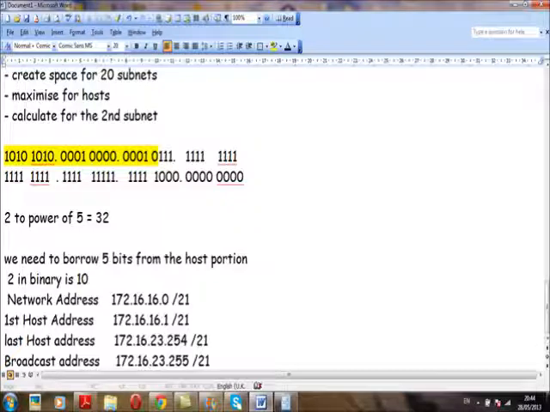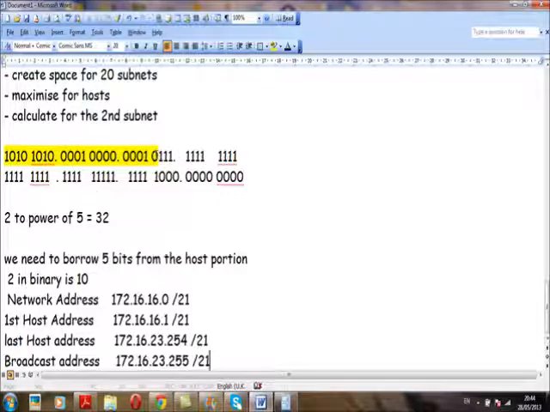Did you get the same or something else? Is that the second network? Sorry? Is that in the second network? No. That's a broadcast address. It's excluded. So the second network would look like this. If you move one higher, so we've set everything to 1 here.